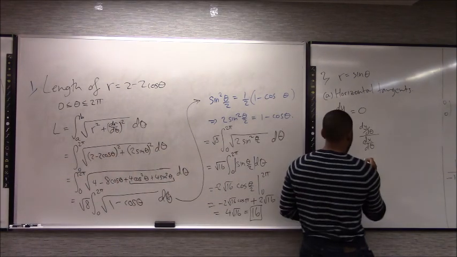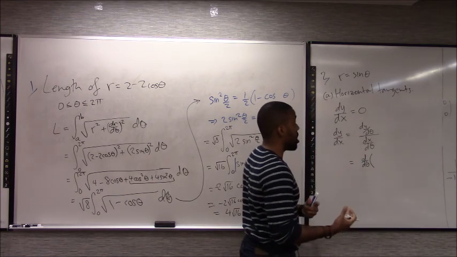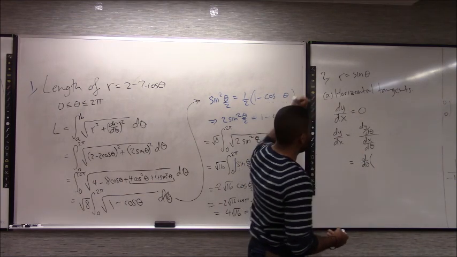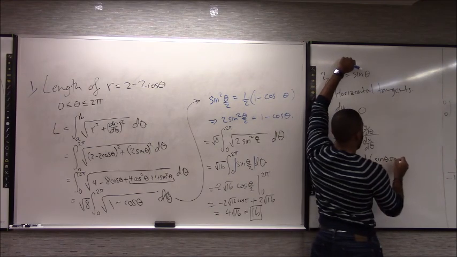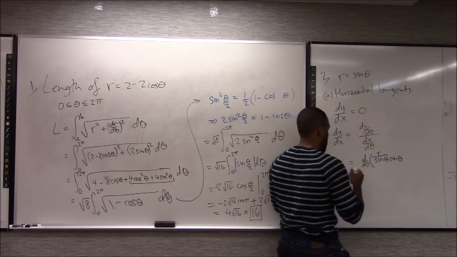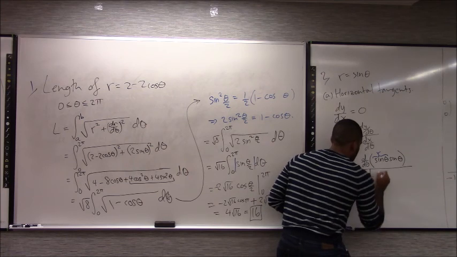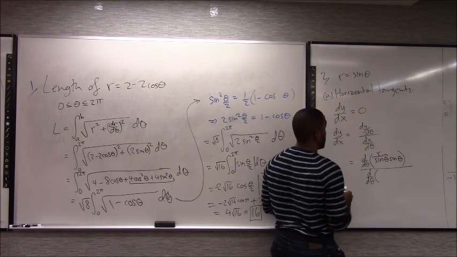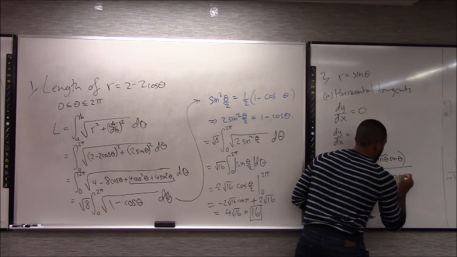So this means I want d theta of y, which is r sine theta. Our r is already a sine, so that's sine theta times sine theta, divided by d theta of r cosine theta, so that's sine theta cosine theta.